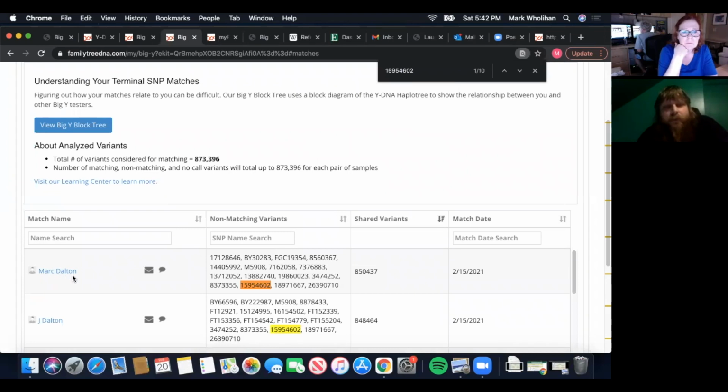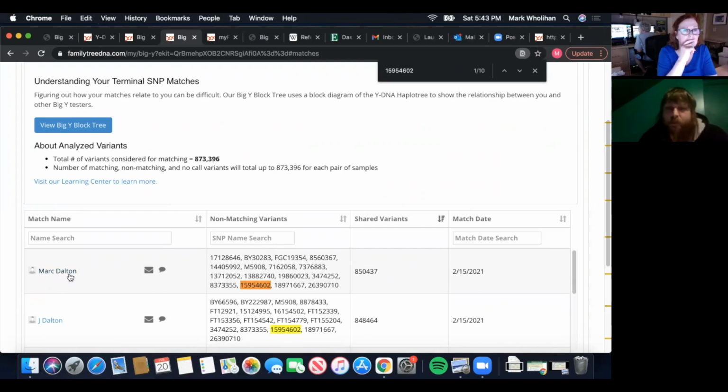Mark Dalton does not have a SNP mutation for your grandpa, your great grandpa, and so on. So all five of these numbers, these aren't the actual numbers, but all five of these numbers are crossed out because you have these five numbers, but Mark does not.